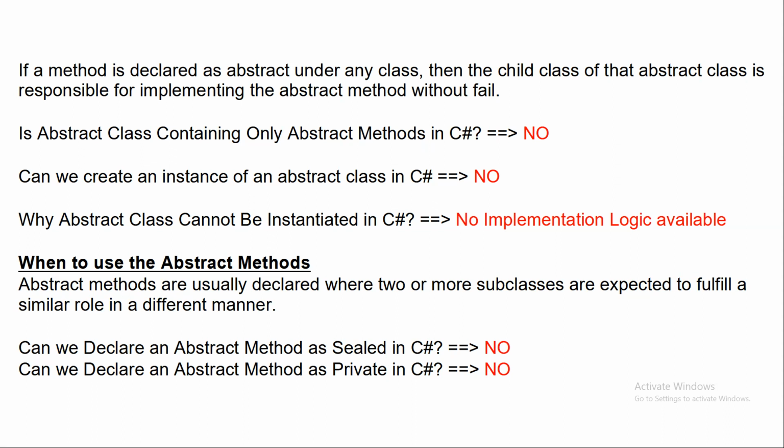Based on the shape of the object, the implementation part is different for rectangle, square, or cuboid. So you want to perform a similar role, but in a different manner based on the shape. They may ask where exactly you use abstract methods.